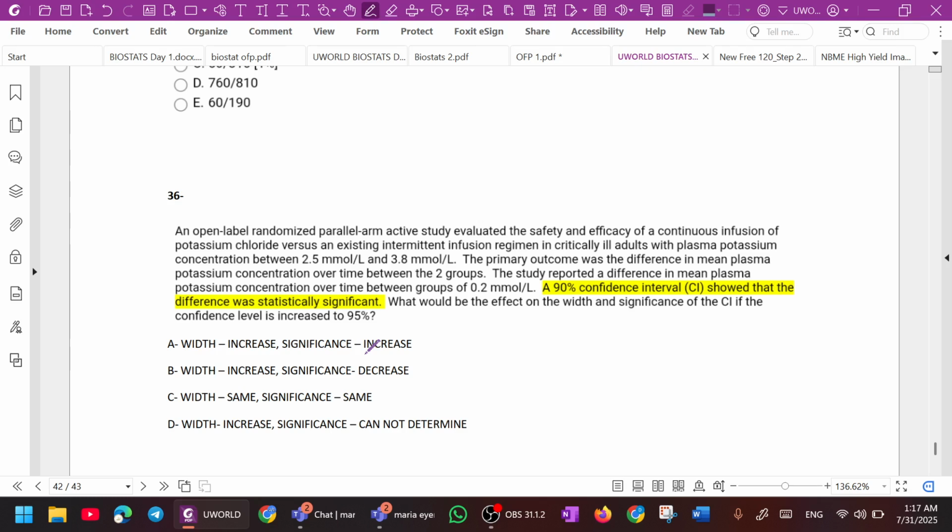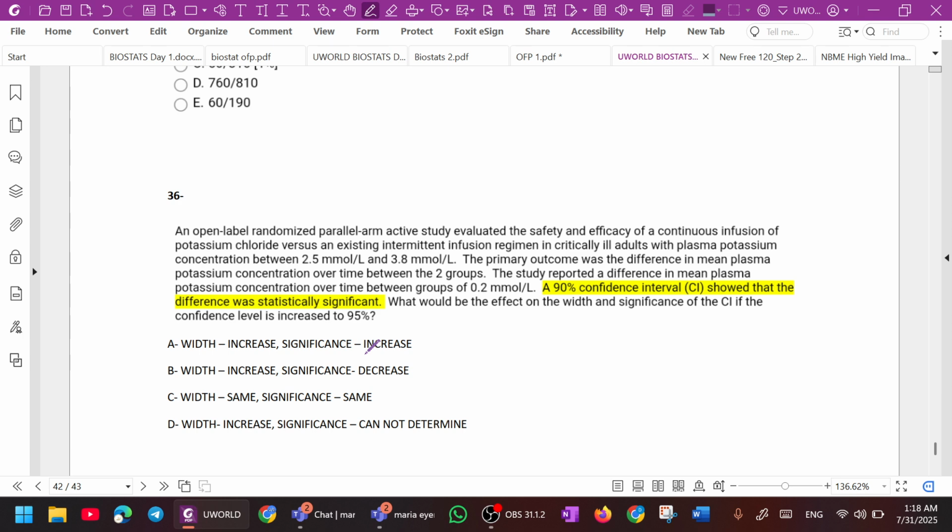Okay, you think it's A. Let me see. I think it's with the significance level. It's with increase definitely, significance level. What would be the effect on the width and significance level? Yeah, I guess I'll go with A. Maybe it is D. Significance level cannot be determined.